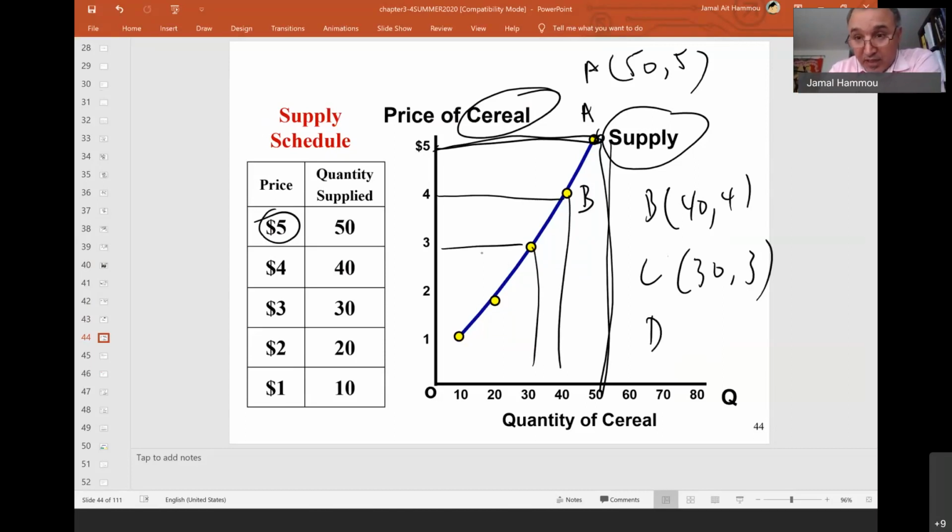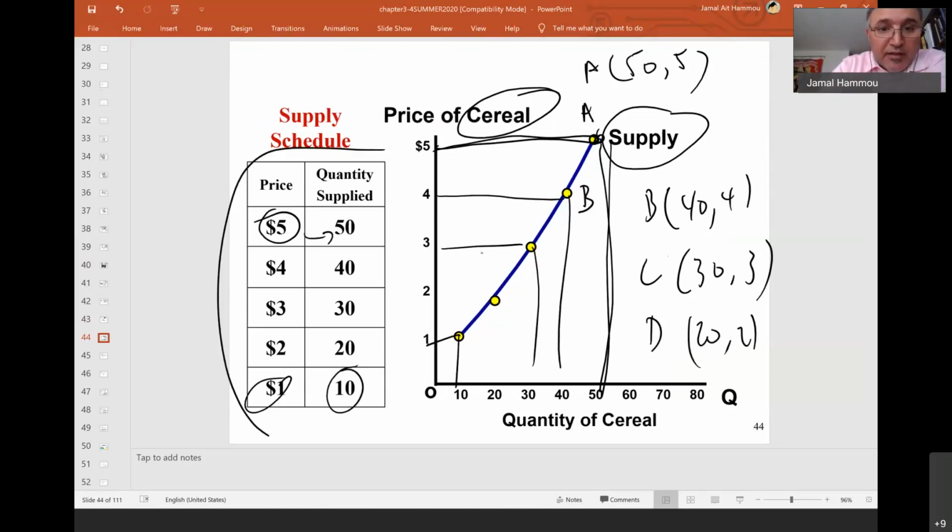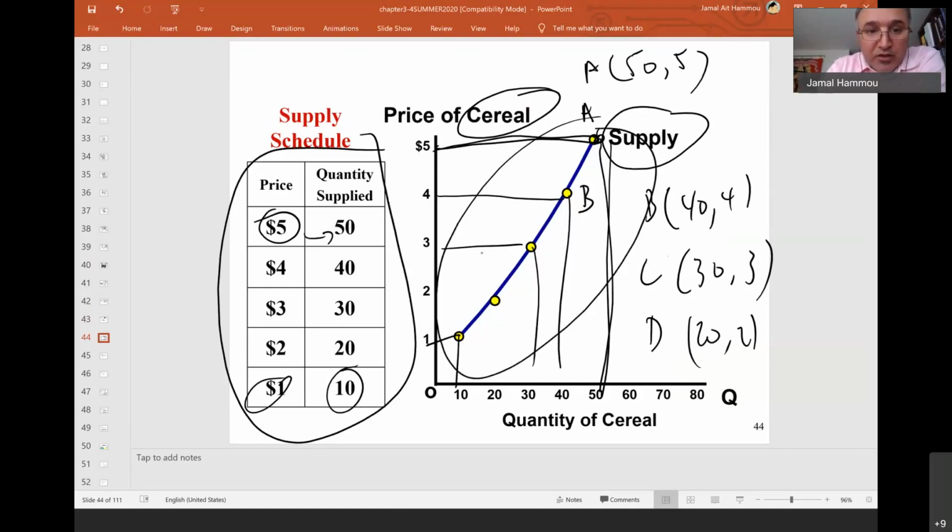D, you have 20 and 2, all the way down to the last point, which is $1. So for every specific price, you have a specific quantity supplied. All of this table here, we call the supply schedule. This is the supply curve, which shows the relationship between the price and quantity supplied. We have a line, we can link the points, and we come up with a supply curve.